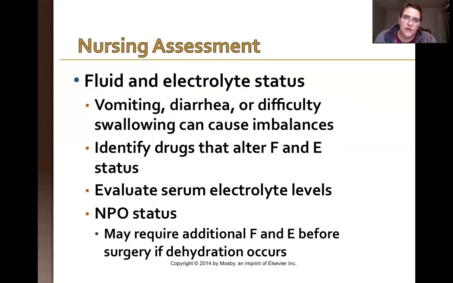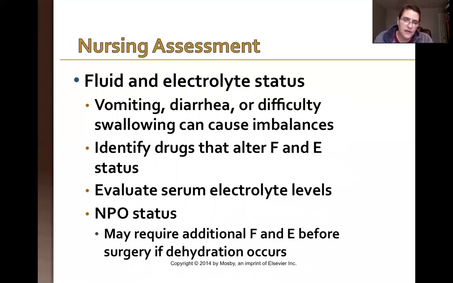We also need to identify any drugs that could alter their fluid and electrolyte status, drugs like diuretics. Those may actually need to be held, but again, that's a physician call. We would identify the fact that they're taking diuretics and let the physician know that. We will evaluate their serum electrolyte levels. So it is important for you all to know your normal lab values. Let me say that again. It is important for you all to know your normal lab values.